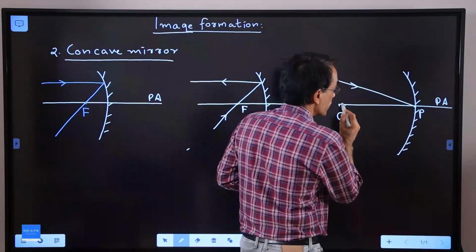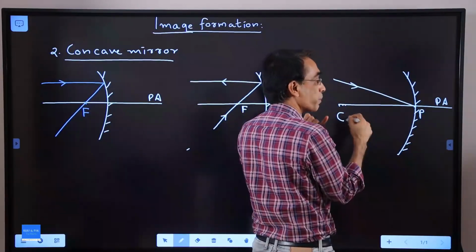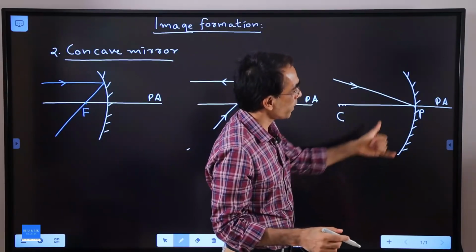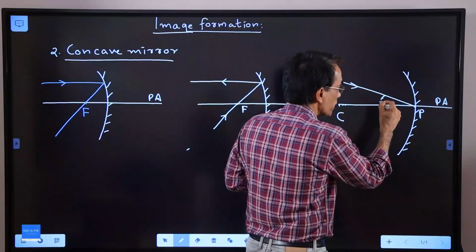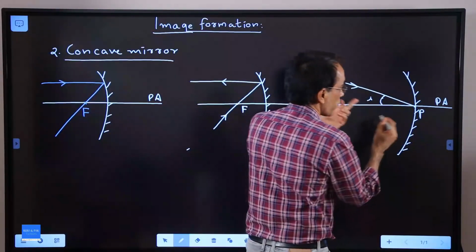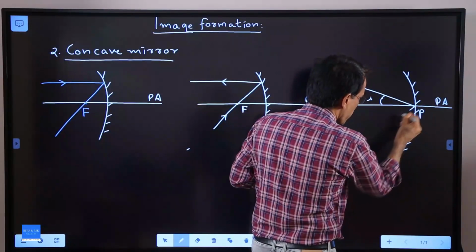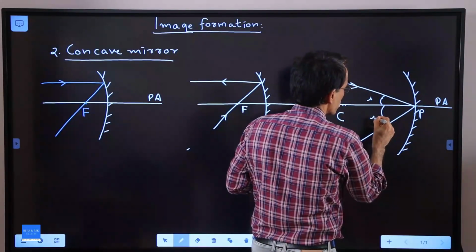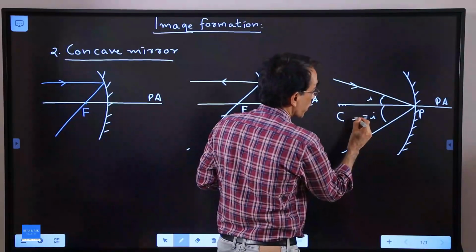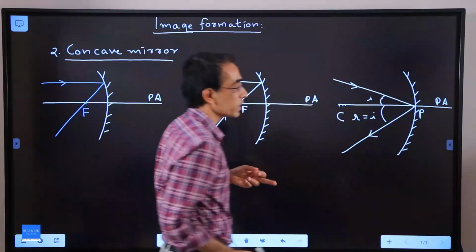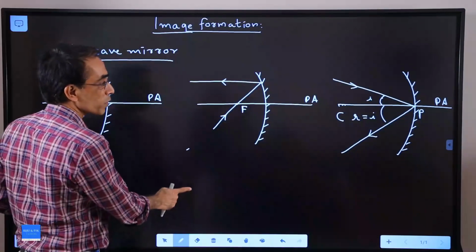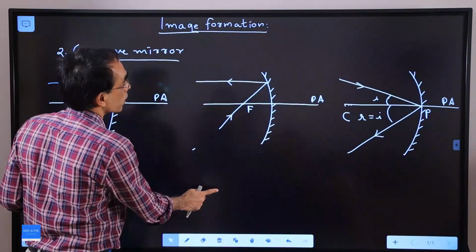So this radius become the normal, or the principal axis become the normal at the point pole. So this angle will be the angle of incidence. So the light ray will make an equal angle and reflect like this one. This will be equal to I. Actually this is the angle of reflection. It is equal to I, and the light ray will go like this. So these are the three basic diagram that you need in the case of concave mirror.